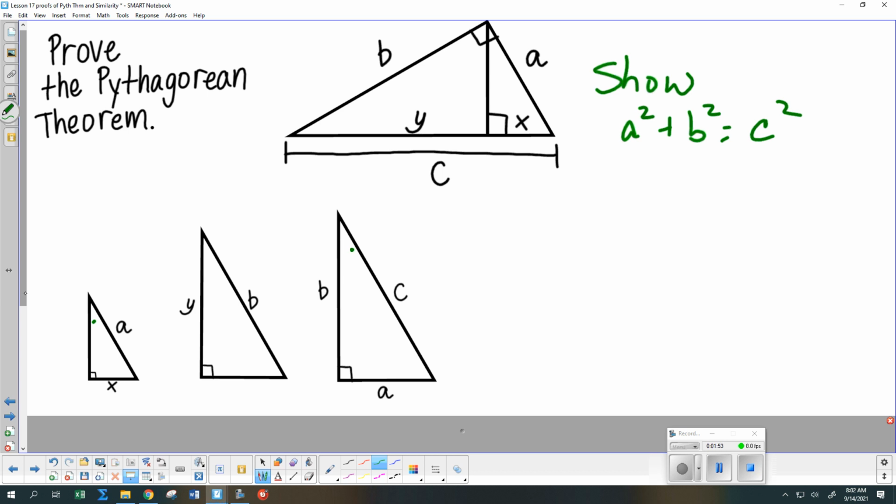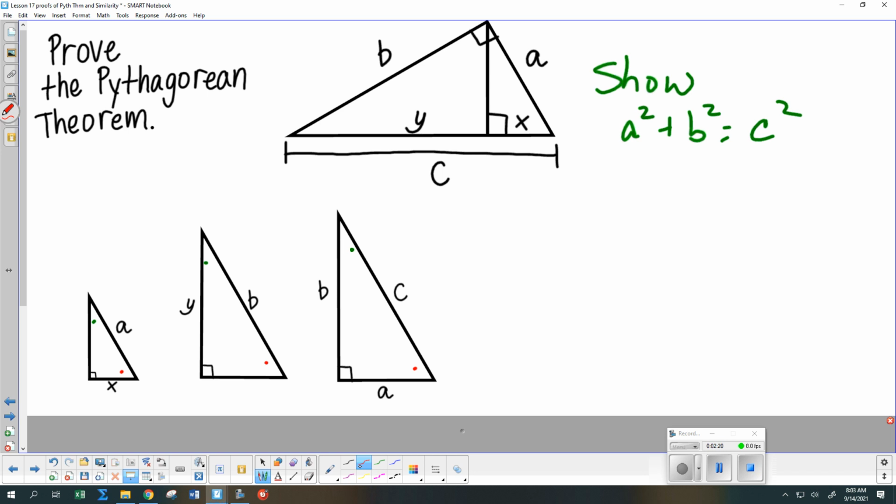And then this, see, I've lost my spot here. This one and this one are the same angle. And let's see, those share. So if I go through, I can get that they all have the same angle measures, which means that they have to be the same shape.